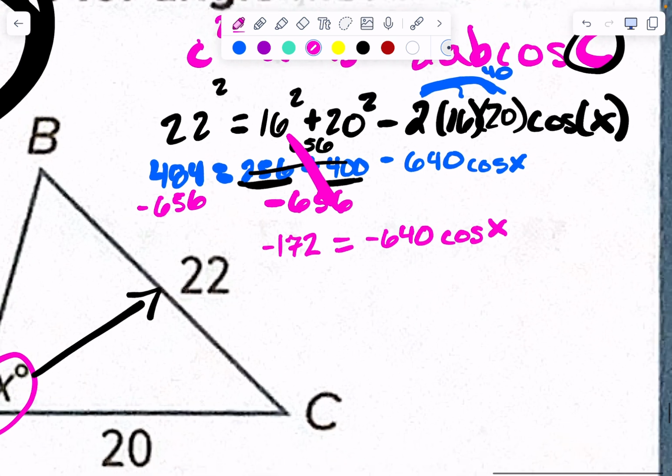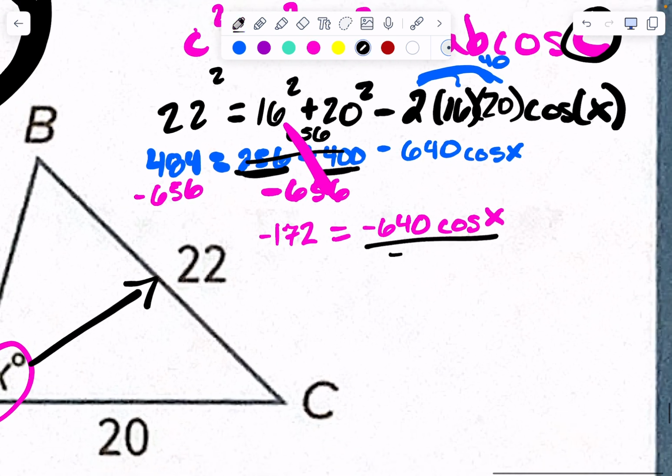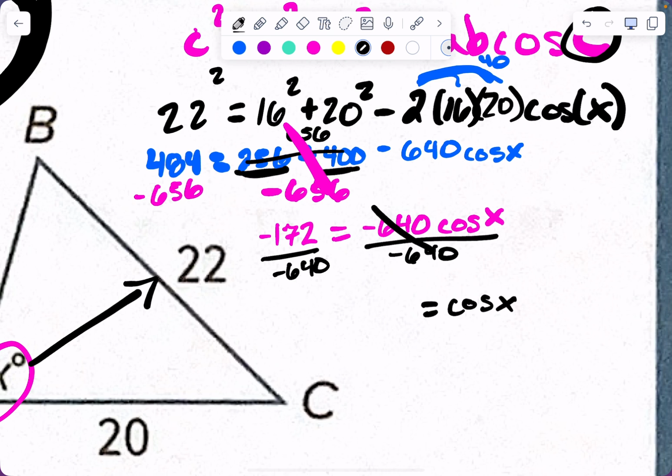Okay, now what? Divided by negative 640. Cosine of x is equal to whatever that is divided, a decimal, 0 point something. 0.26875. We'll go 0.269.